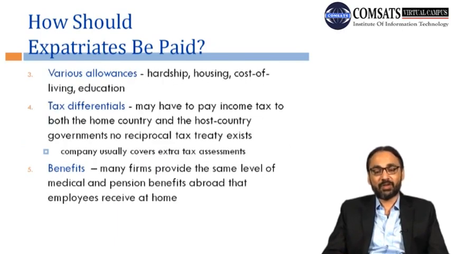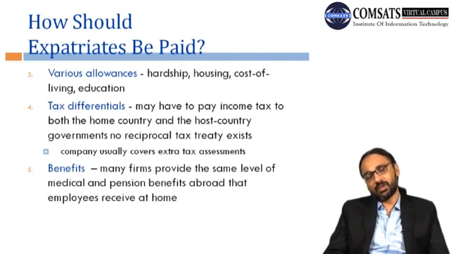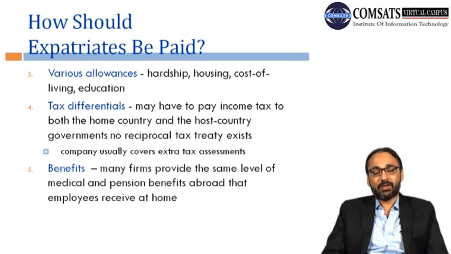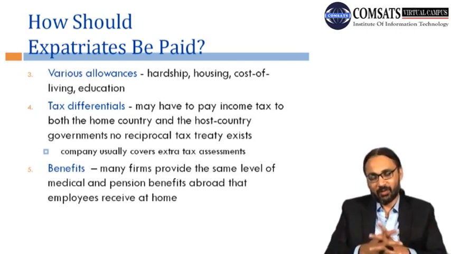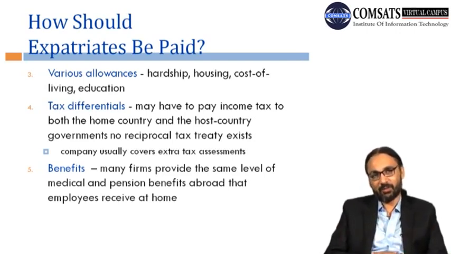Various allowances: hardship allowances, housing, cost of living, education; these are the different allowances they are going to get. And the tax differential: they may have to pay income tax to both the home country and the host country government when no reciprocal tax treaty exists. If there is no tax agreement between the countries, that expatriate manager is going to pay double tax.